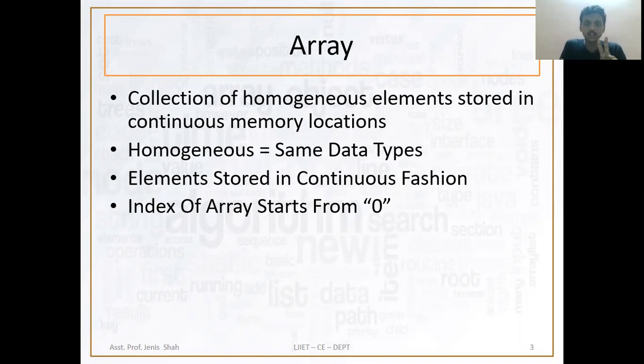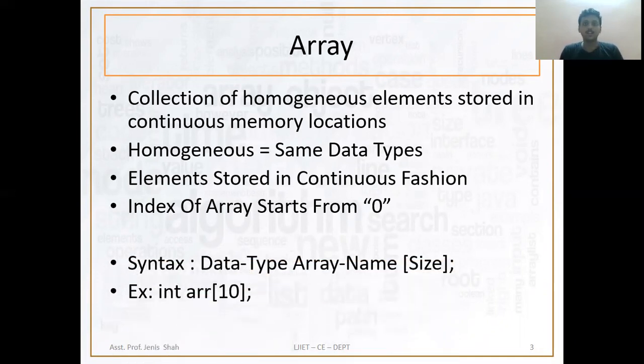Float occupies 4 bytes. Character occupies one byte in the memory. Okay, fine. So the array index starts from 0. The next one is syntax of array: data type, array name, and size. Integer a of 10.